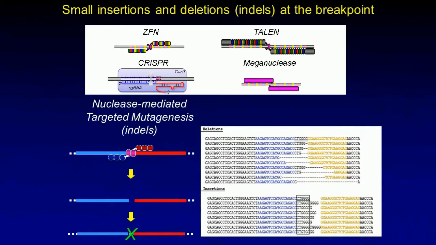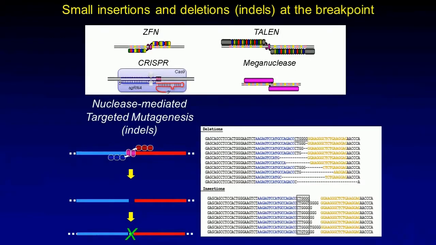The repair process, as I said, is a bit error-prone, and so many times when breaks occur, they're resealed perfectly. I think now we know that there are many times that the breaks are resealed perfectly. However, when mutations start to accumulate, they often disrupt the ability of the nuclease to cut at that site again, and so eventually many mutations will appear.